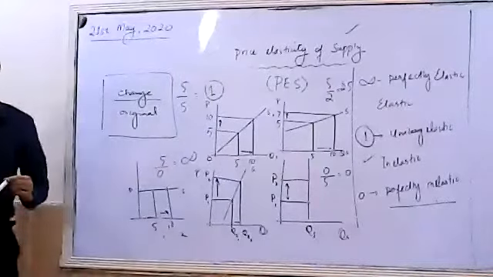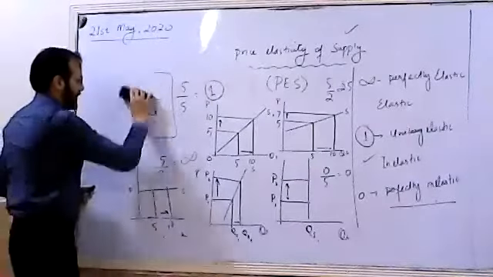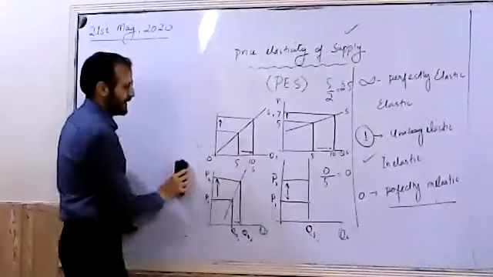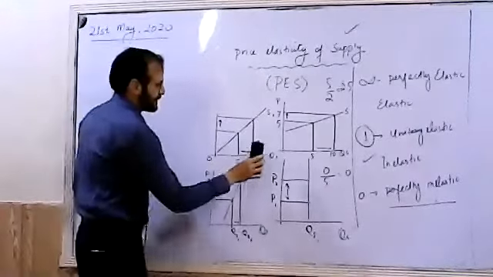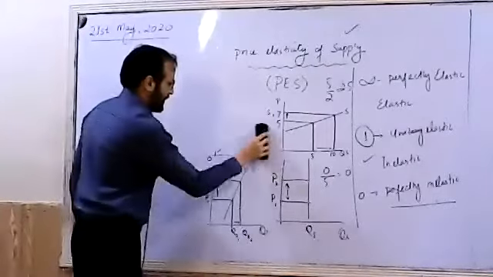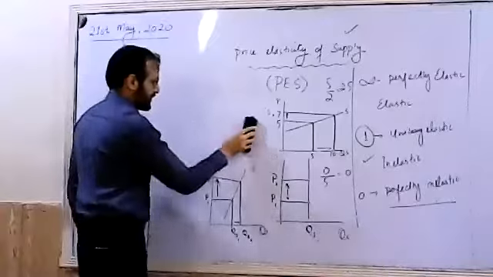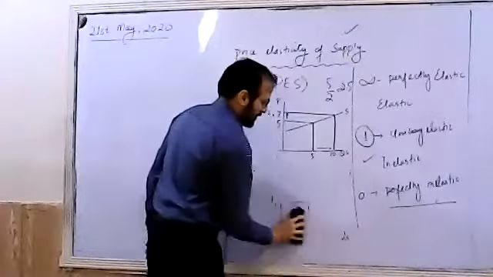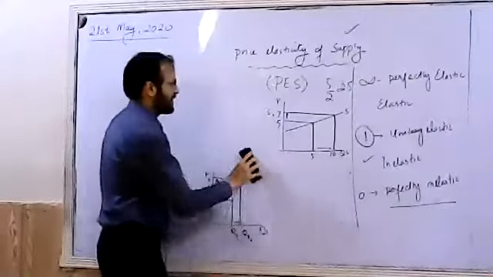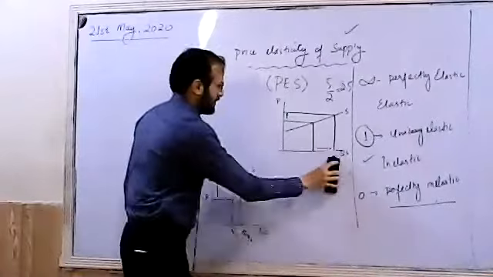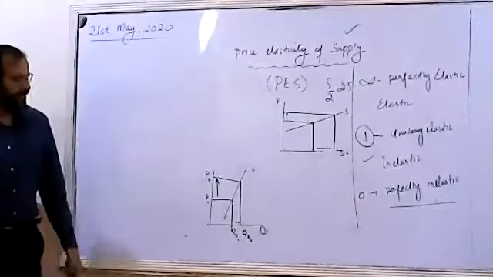Okay, last but not the least is about what are the factors which turn our curve into elastic or inelastic. And for that, I will leave these two curves unchanged. There we go.